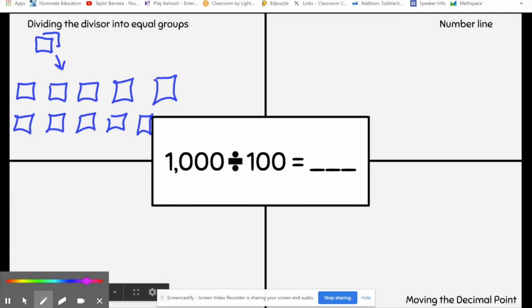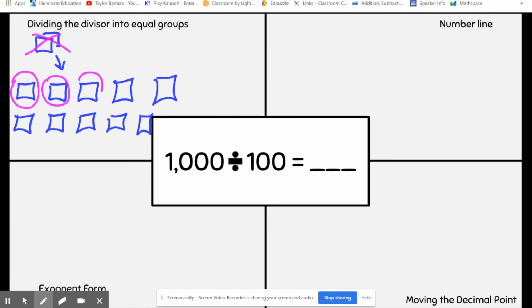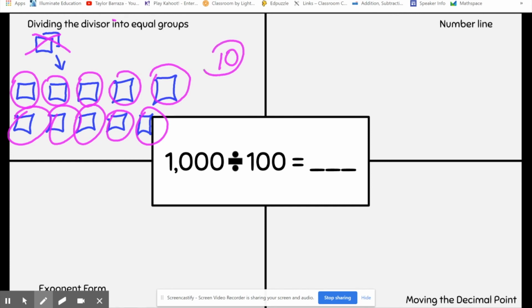Now I can divide them up to show equal groups of hundreds. I was able to make 10 groups. So my answer is 10.